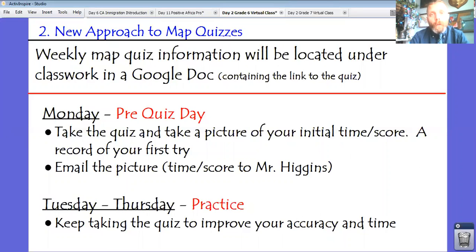What you're going to do for the rest of the week, later on today, you can use some social studies time for it. Definitely tomorrow, Wednesday, and Thursday, you're just going to practice. You're going to keep taking that quiz over and over again, and hopefully in doing so, you're going to improve your geographic literacy. Your score is going to go up. You're going to know where more of these countries are, and you're going to be able to do it in a faster time.